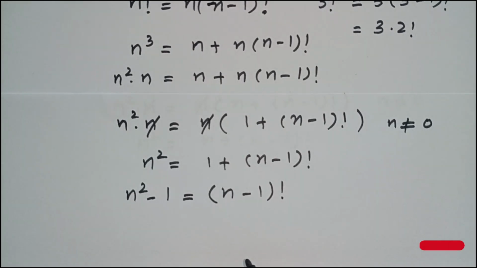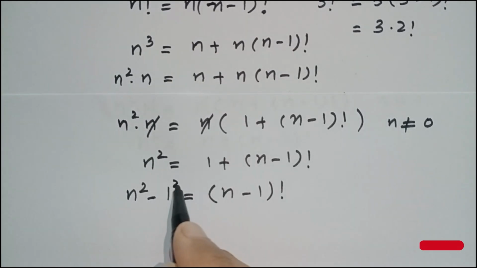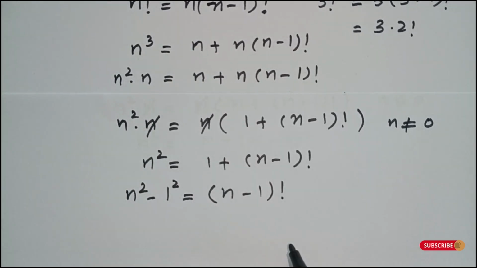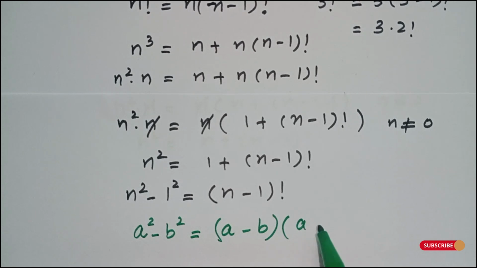So if I write 1 as 1 square, it will create no difference. The expression will remain the same. So it is okay if I write 1 square. Here I will write a very well-known formula, a square minus b square is equal to a minus b times a plus b.